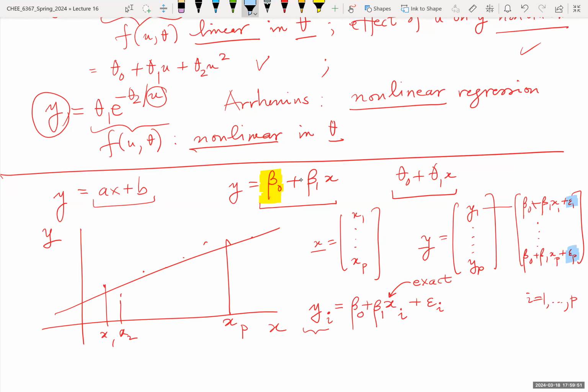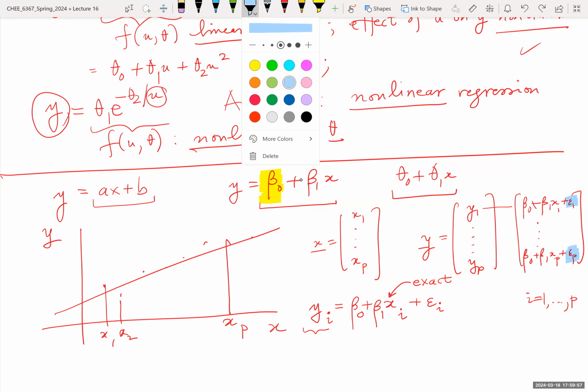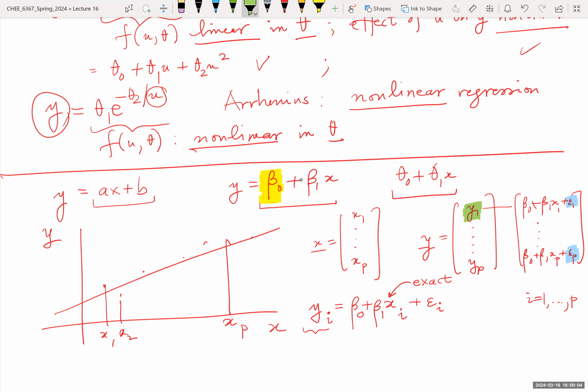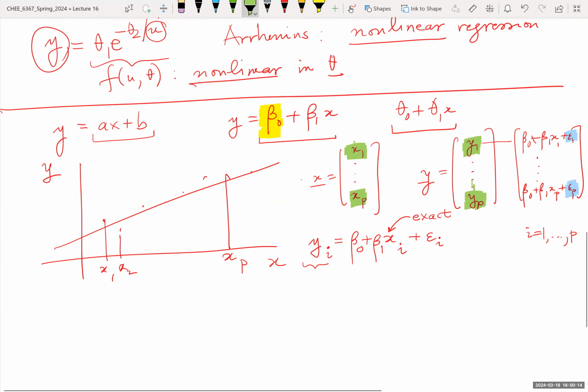This is noise, so you don't know this. The only thing that you know is what you measure. You can measure all of these y's, and of course, you know your xi's. The question is then, how can you find the parameters beta 0, beta 1?